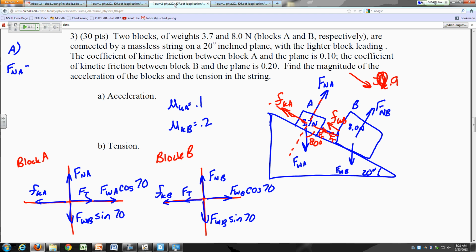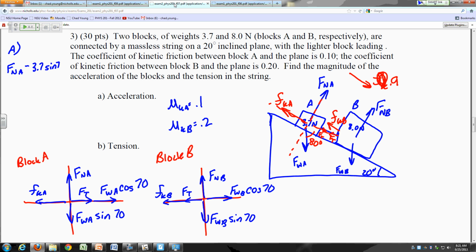No, 3.7 newtons. I made a mistake here. I'm sorry, right here this should say A. Be very careful. I do this all the time. Just make sure you get your A's and your B's correct for your masses. So FNA minus FWA. FWA is 3.7 newtons.